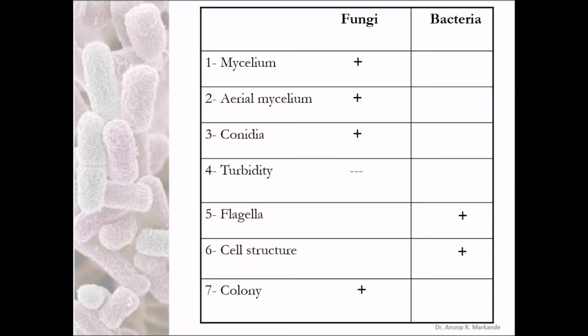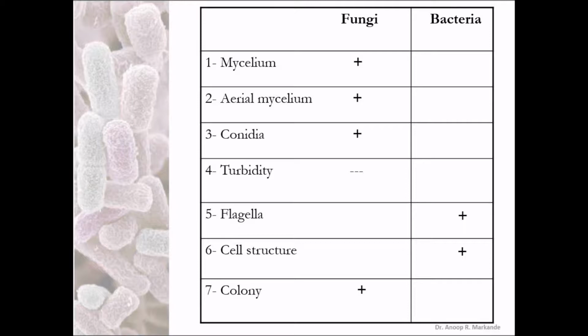When considered for their cellular similarity, we find actinomycetes like a mycelium as seen in fungi. They are also present as aerial mycelium like fungi. They form typical conidia like sporulation. They have flagella.